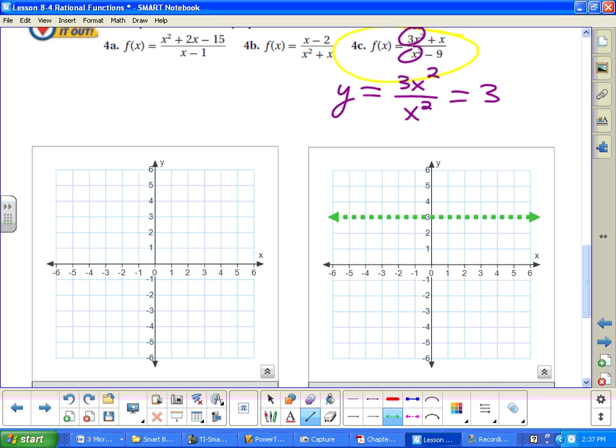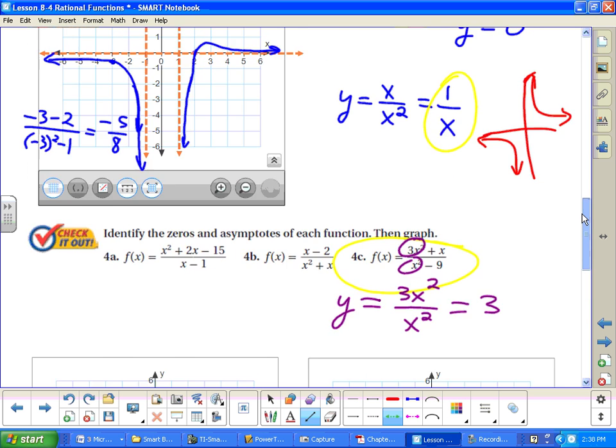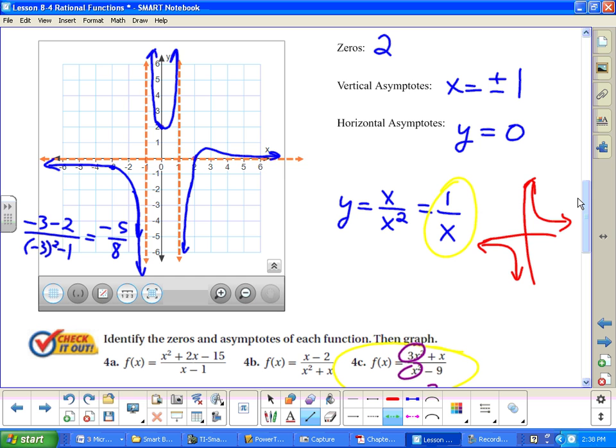Okay. So we have three things that can happen horizontally. None, okay, if the degree of the numerator is larger. y equals 0 if the degree of the denominator is larger.